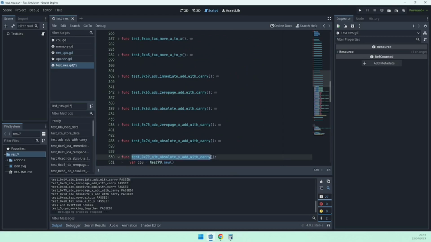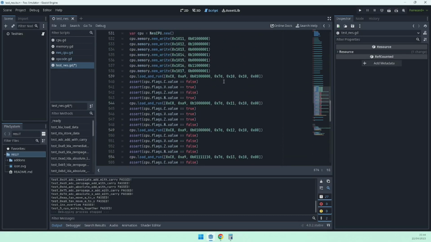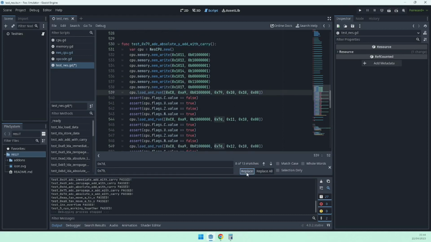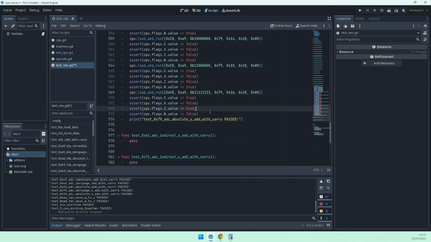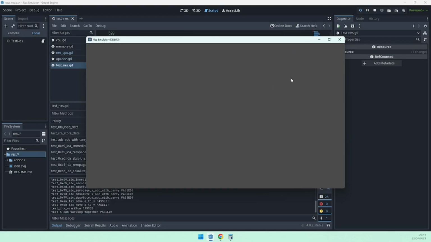And this is 79. So let's change 70 for 79. If I am not wrong, this should already be working. And it passes. Awesome.